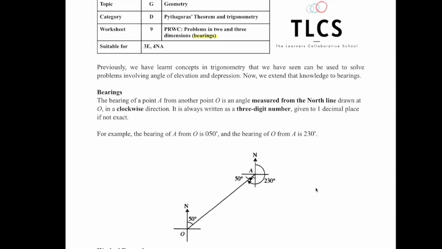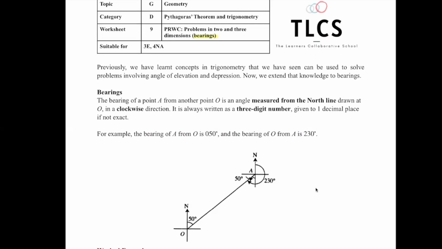So bearings over here is one particular standardized way of telling people which direction to go. That's why there are certain rules when you want to calculate the bearings of something. So I give you an example.